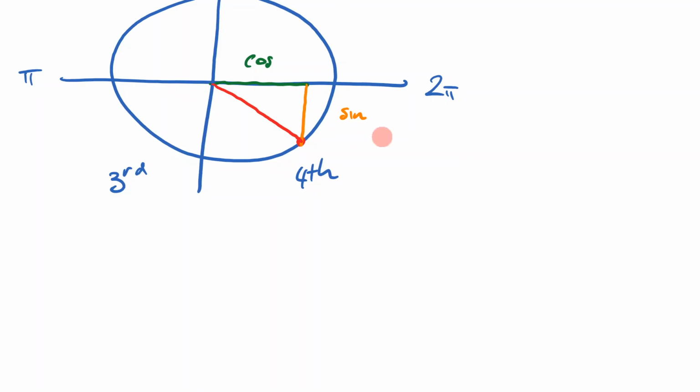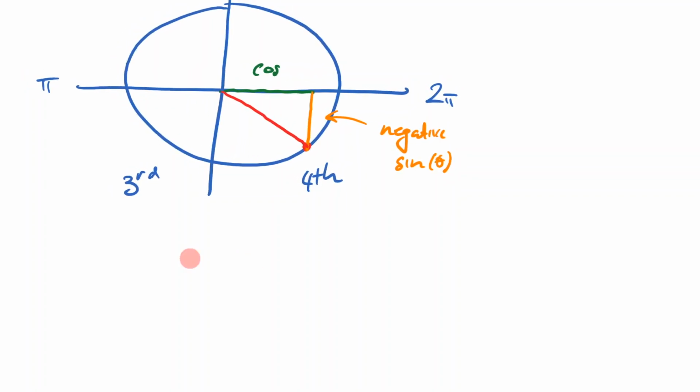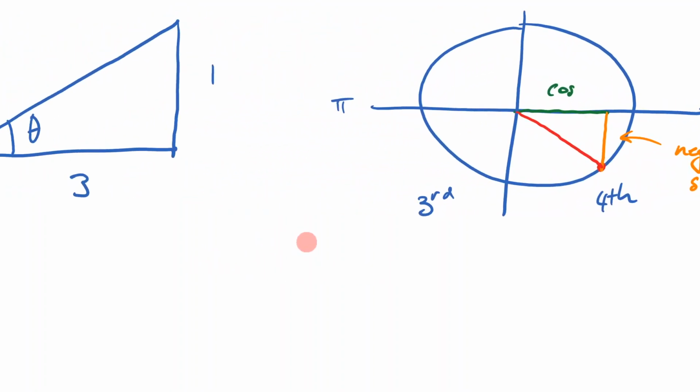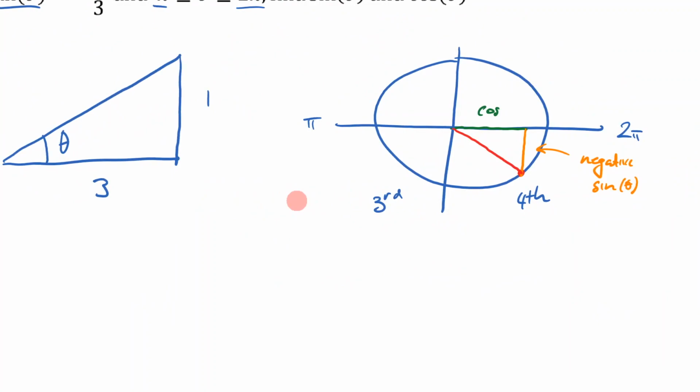This right here is negative because I'm below my x-axis. My cos is going to be positive. So because I'm trying to replicate this triangle here, I'm going to say that this is -1.